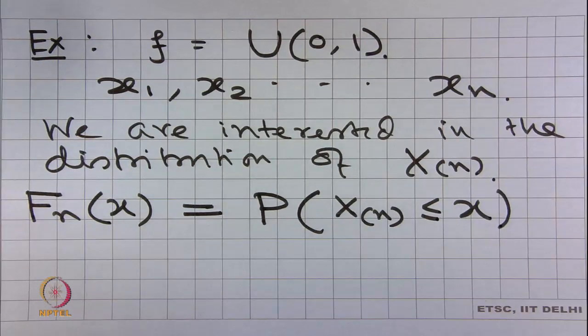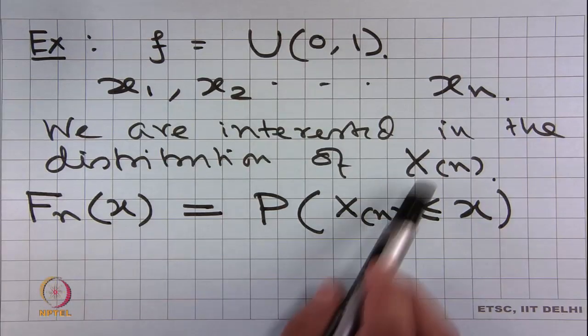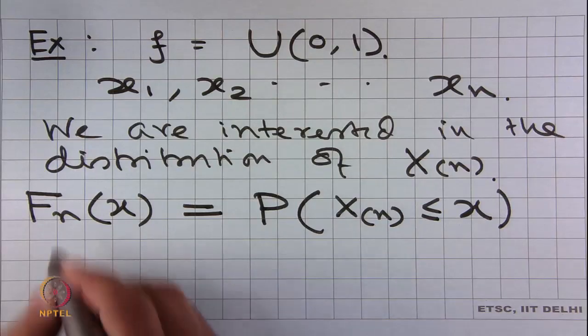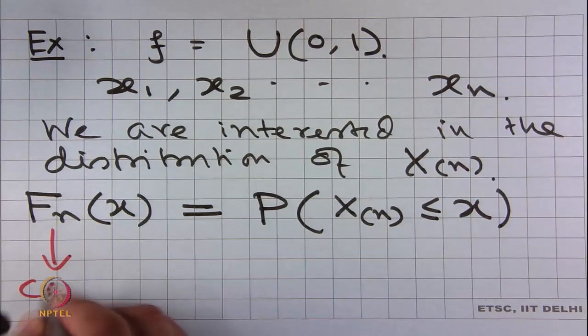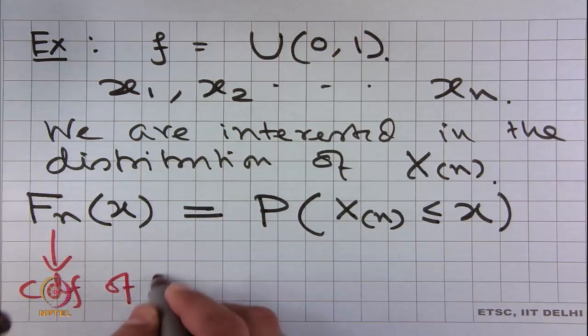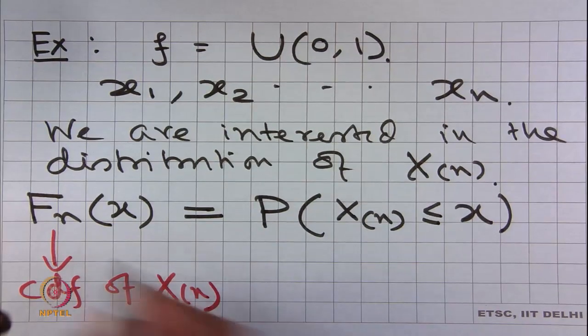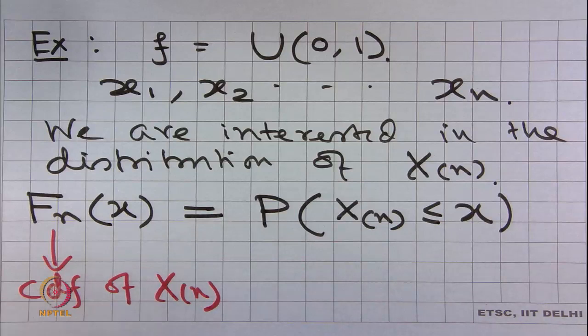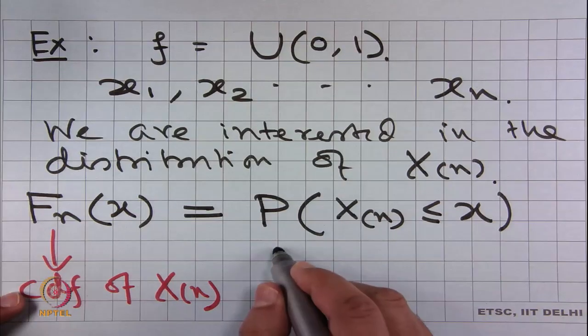We will first calculate the cumulative distribution function of the nth order statistic. So, this is the CDF of X_n, which we denote with F_n. This is the probability that the nth order statistic is less than or equal to x.